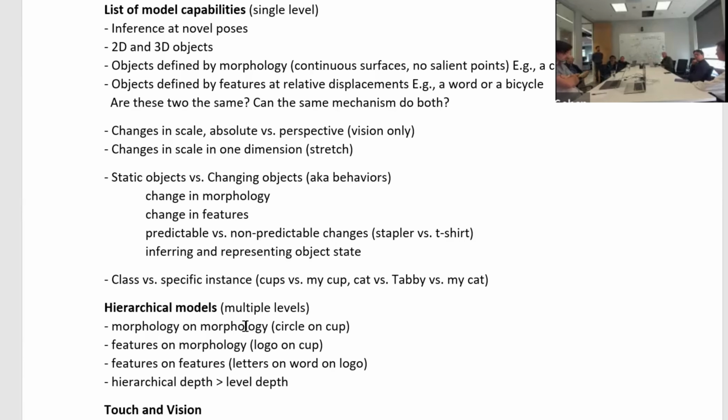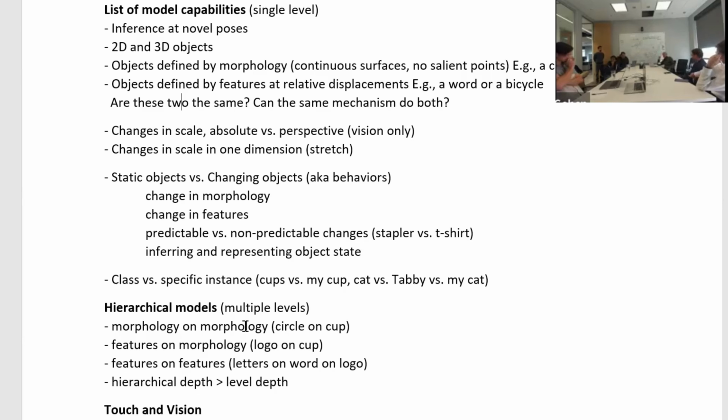Then you can have features on morphology. That's a classic example of the logo on the cup. Well, the logo consists of individual features arranged relative to each other. And now I can place that arrangement on the cup. I don't know if you understand why these are bothersome to me, because if I'm thinking about morphology and features as sort of separate things, then it gets complicated how you do all these things.